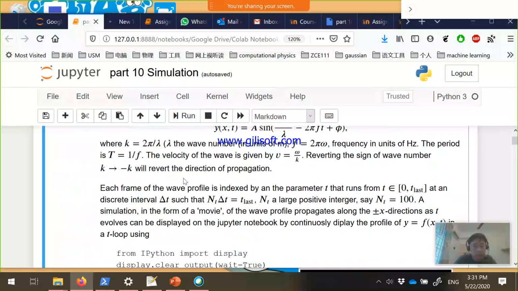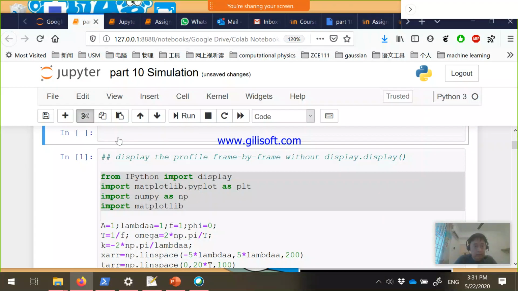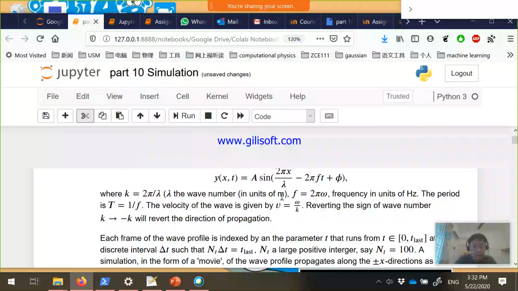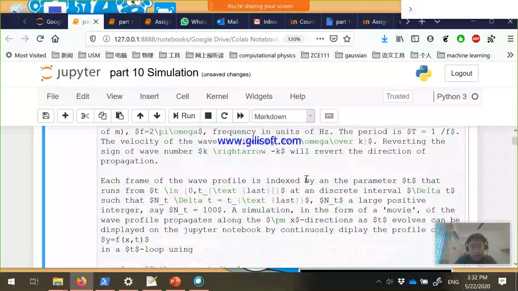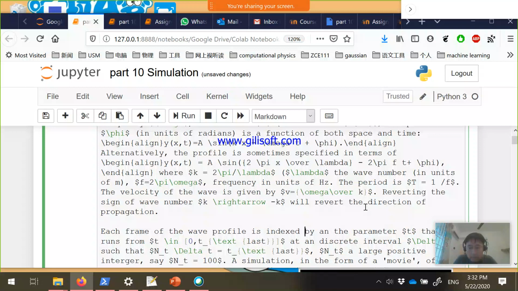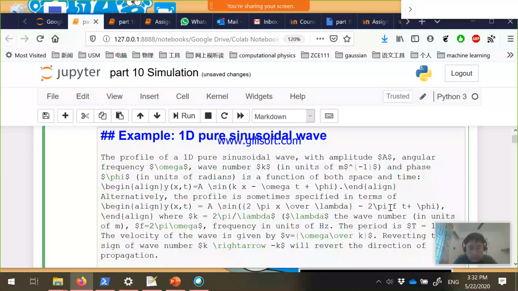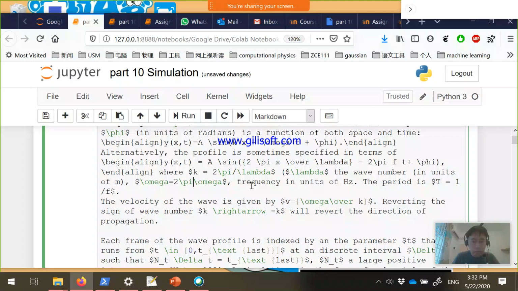Okay, so let me cut and paste this one and restore it. I think the omega is wrong, being related to frequency. Omega equals 2 pi f.